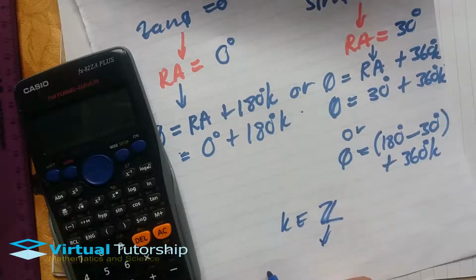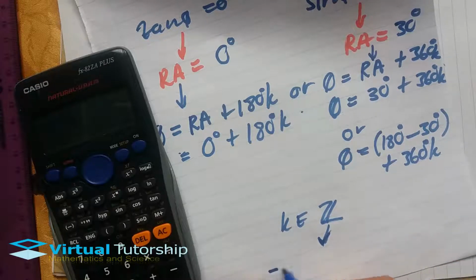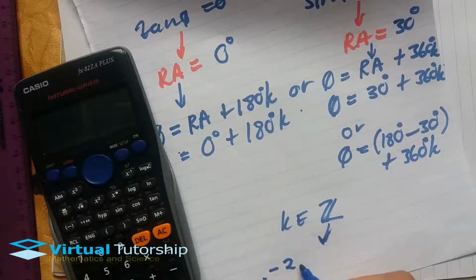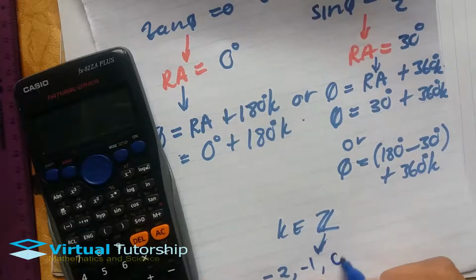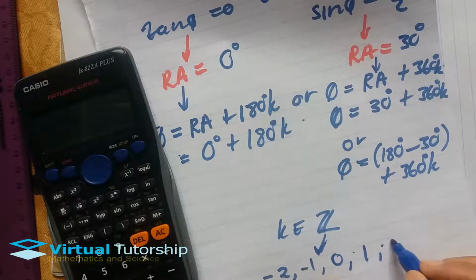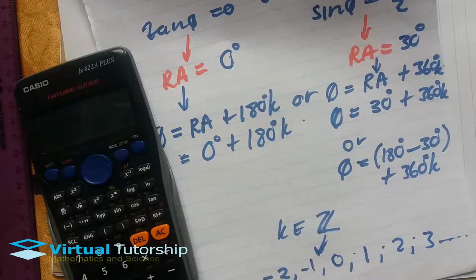Ama integers wakho, ama integers ama whole number, so it can be any number from minus infinity, minus 2, minus 1, 0, 1, 2, 3, and so on, ne?